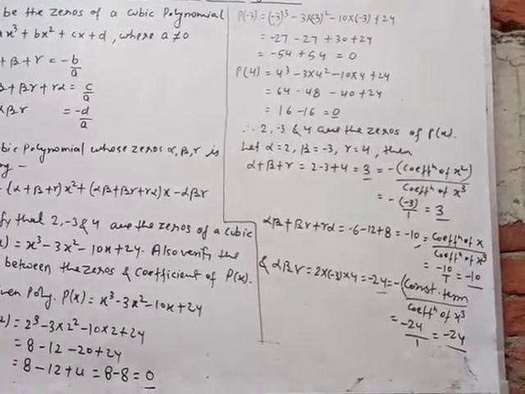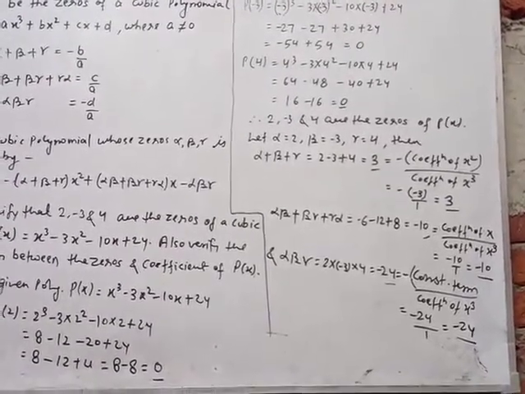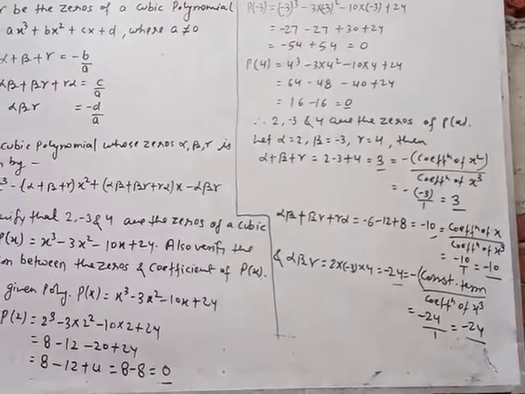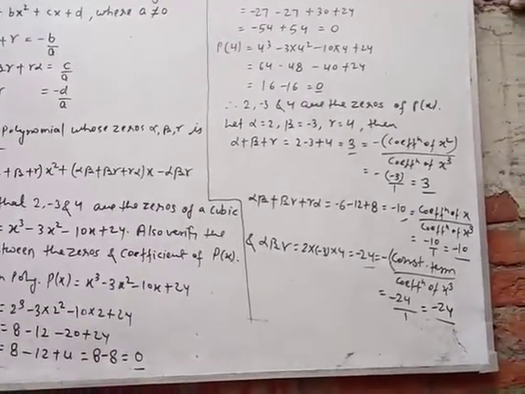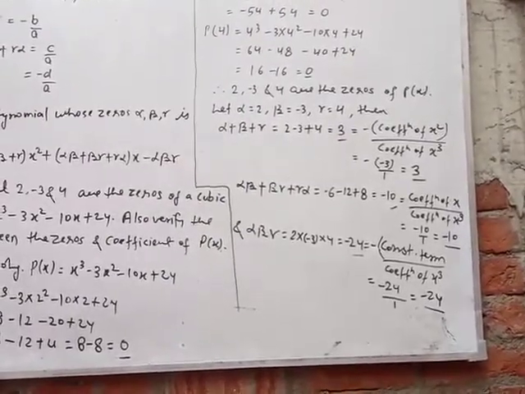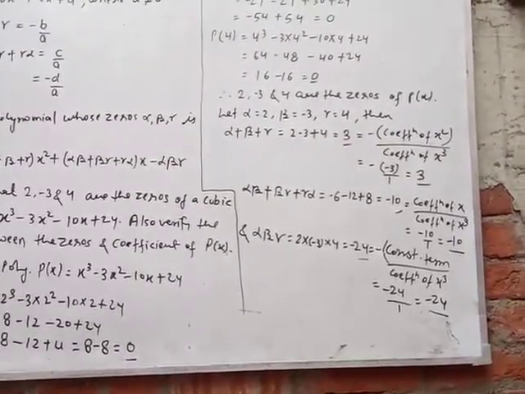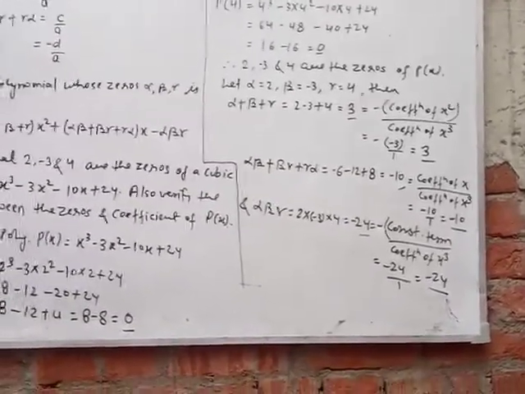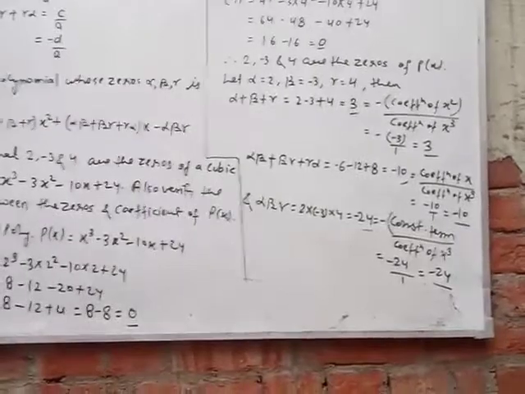Firstly, we solve alpha plus beta plus gamma, like alpha equals 2, beta equals minus 3 and gamma equals 4. So on solving you get 3, and on putting in coefficient of x square and coefficient of x cube, you also get 3. So 3 equals 3, that is sum is verified.